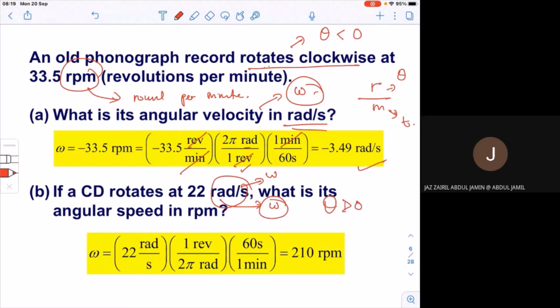So 22 radian per second, times 1 revolution over 2 pi radian. You can cancel out, and 1 second is going to cancel with the 60 seconds over here. So 22 times 1 revolution over 2 pi times 1 minute. You will get 210 round per minute. You can try on your own to get these answers.